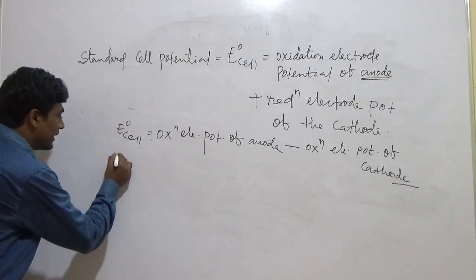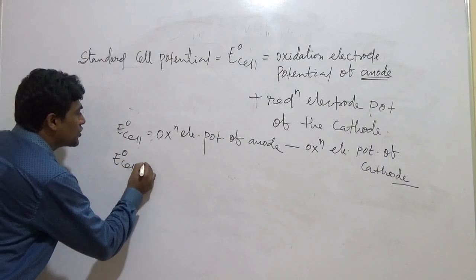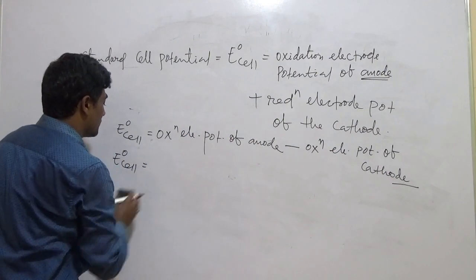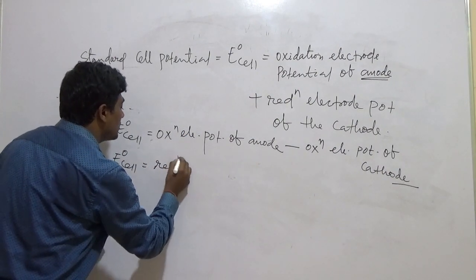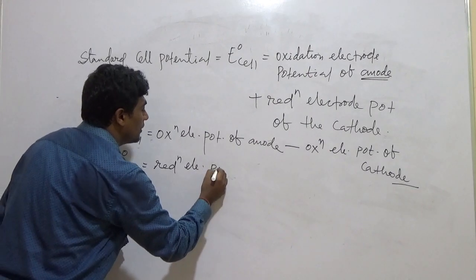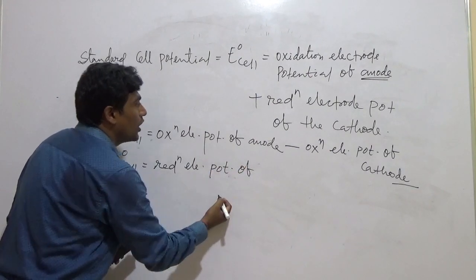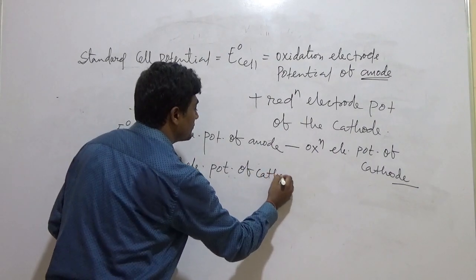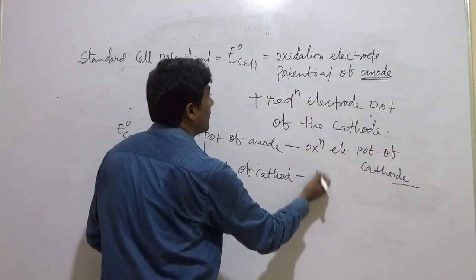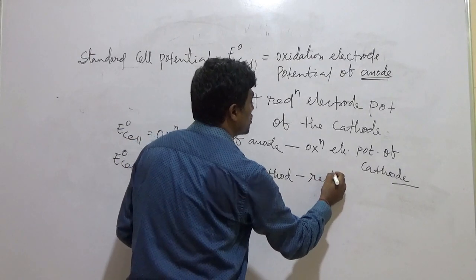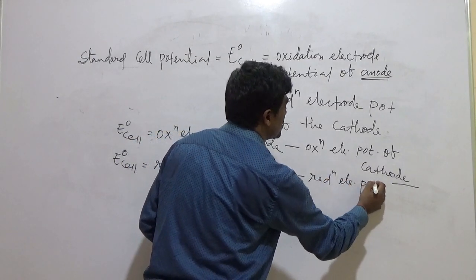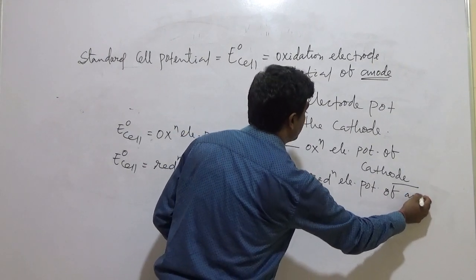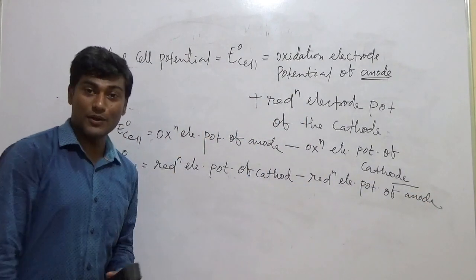So accordingly, you can also get E°cell is equal to the reduction electrode potential of the cathode minus the reduction electrode potential of the anode.